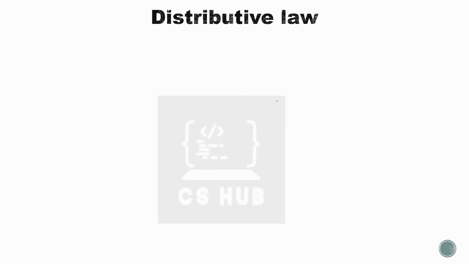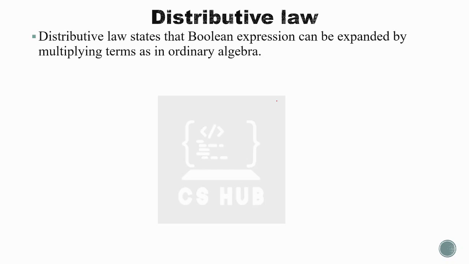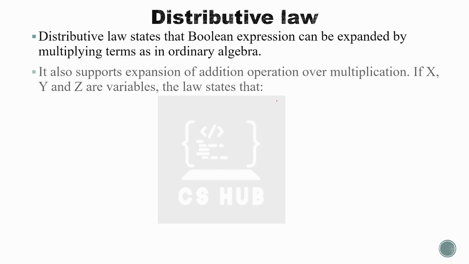Next law, distributive law. This states that Boolean expressions can be expanded by multiplying terms as in ordinary algebra. It also supports expansion of the addition operation over multiplication.